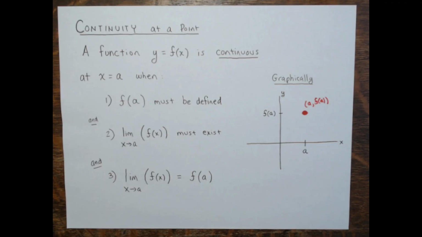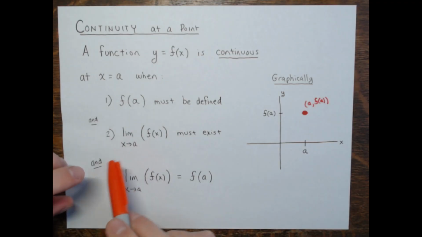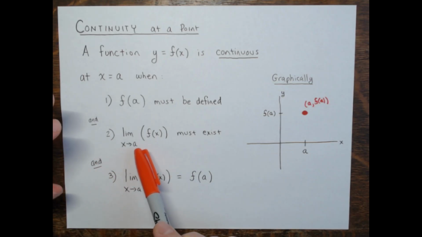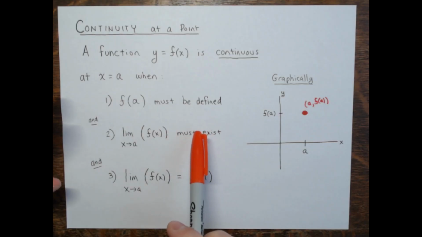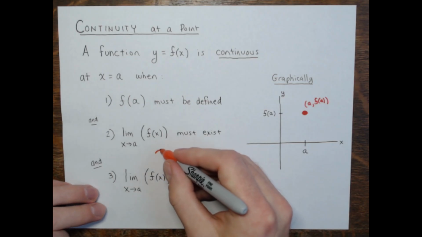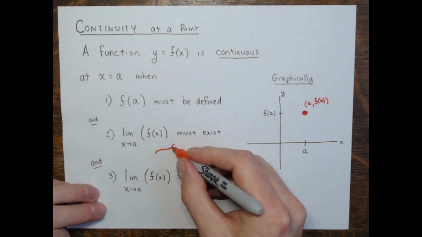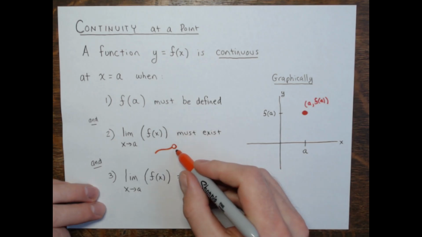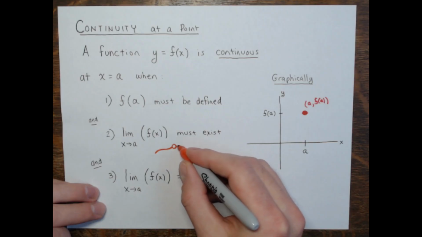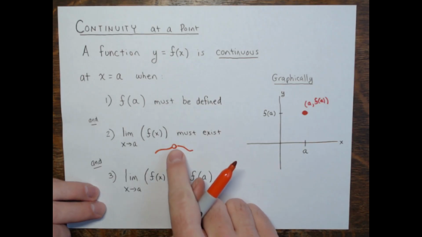Then the second condition says the limit as x approaches a from both sides must exist. Remember what that meant: from the left side, approaching a specific location, and from the right side, approaching that same location, that same point in the plane.